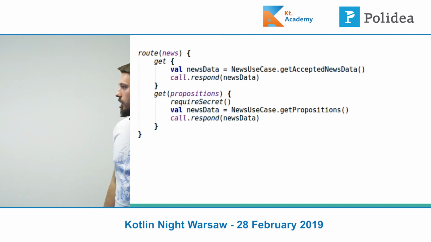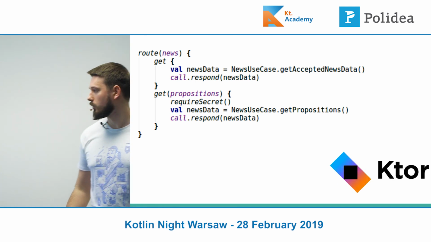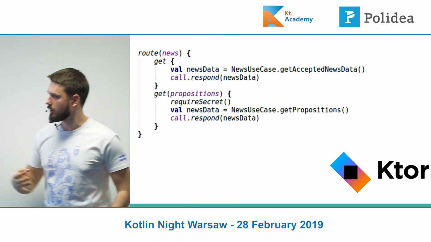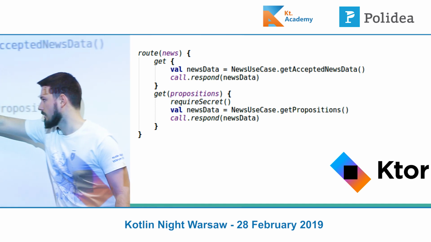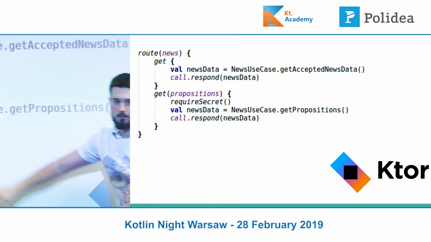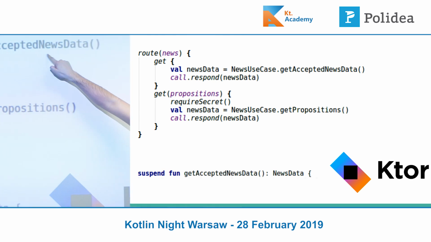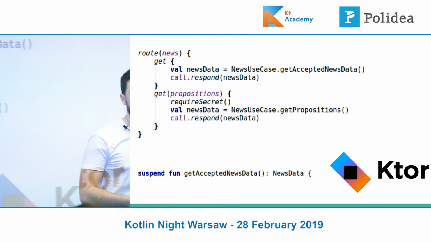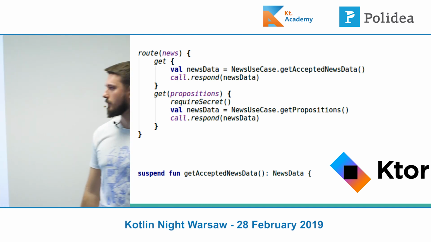Then we have some frameworks. For instance, Ktor, a pretty popular Kotlin framework, has built-in concurrency. When you define what endpoints you have, those are all coroutines by default. So in this case, getAcceptedNewsData is a suspending function, and it's not a problem. We are in a suspending context by default in Ktor.